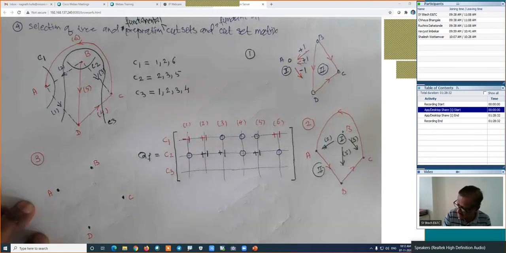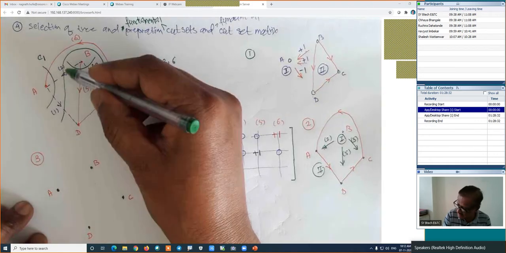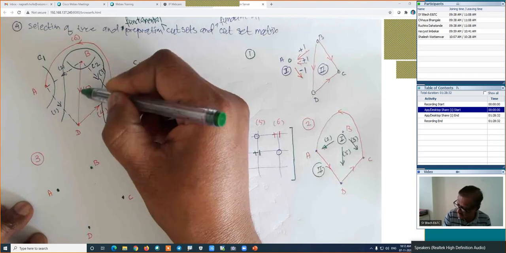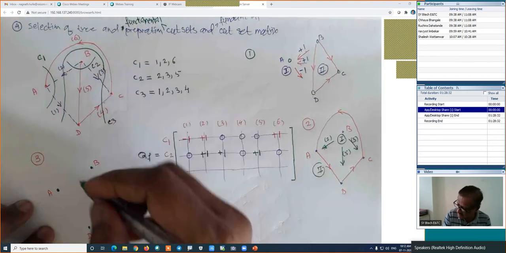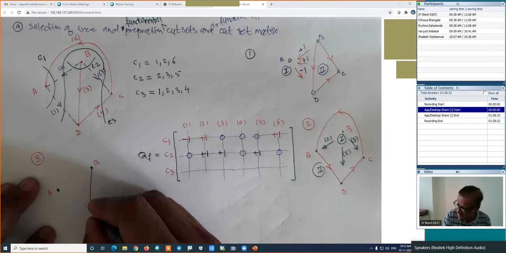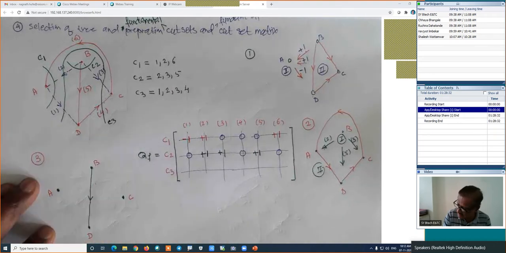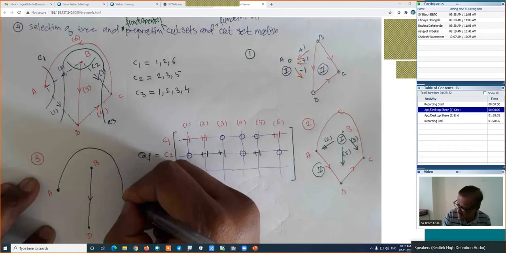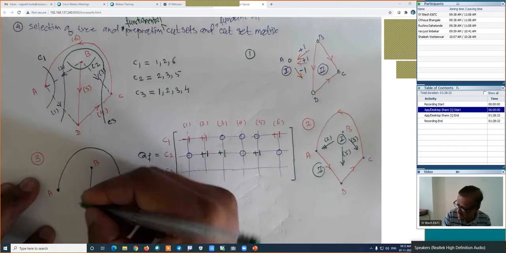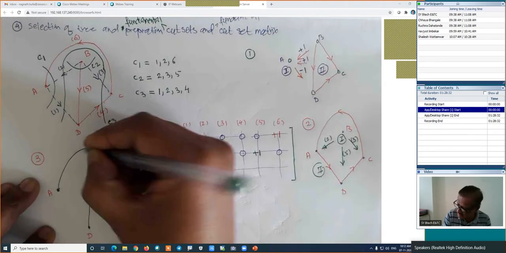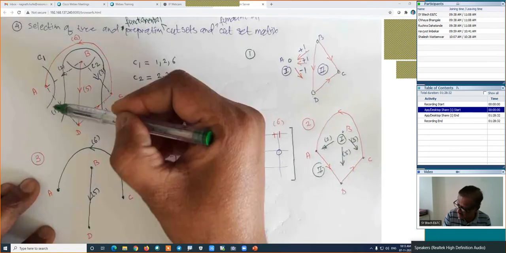Now what we are doing, we are removing branch number 1, branch number 2, branch number 3, and branch number 4. Remaining branches are branch number 5 and 6. I will draw the branch number 5 and branch number 6. These are the 2 remaining branches after the removal of 1, 2, 3, and 4.